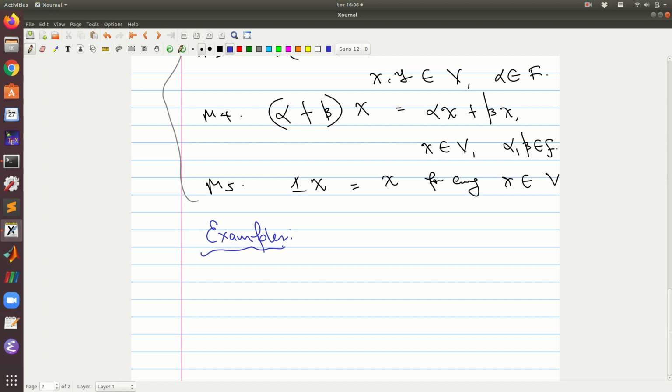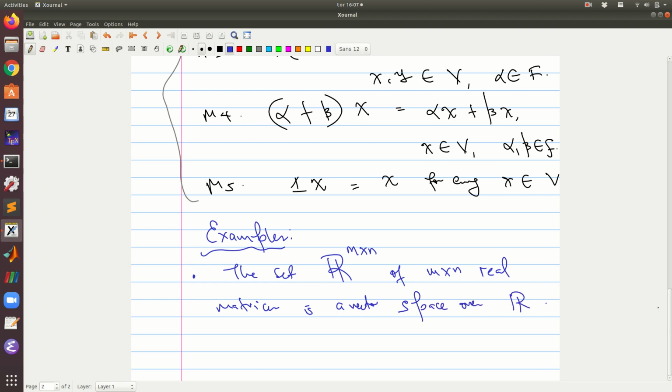All right, for some examples here, we are going to say that the set of real valued matrices of order m times n, of m by n real matrices, is a vector space over R, the set of reals.